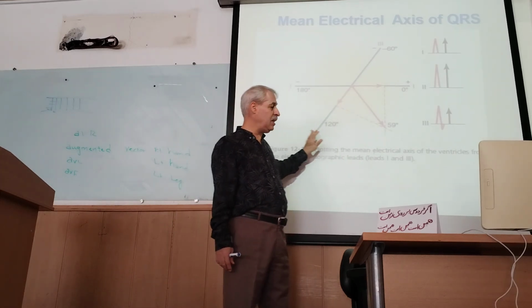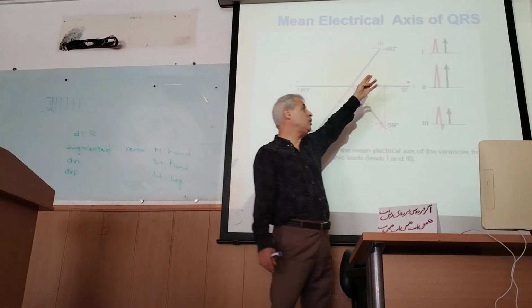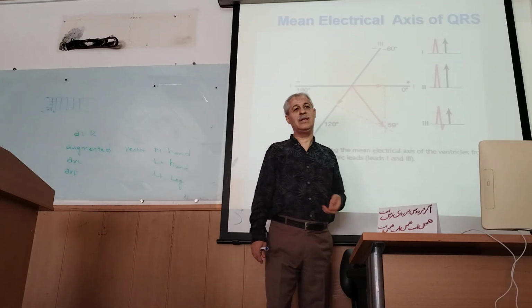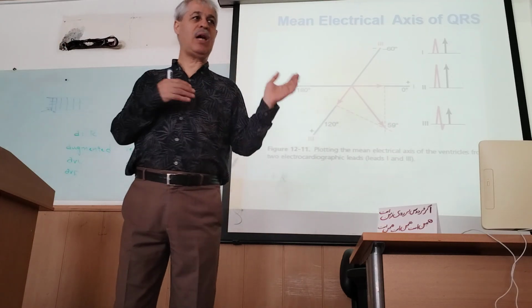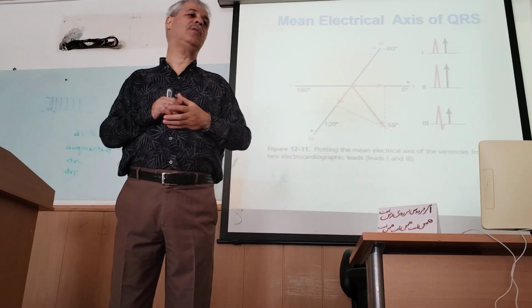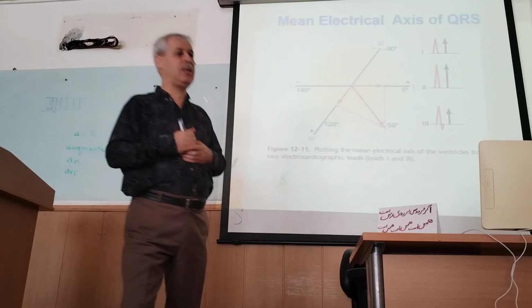Here in this example, it uses limb lead 1 and 3. You can use 1 and 2 or 2 and 3. That will also be possible. We will have these practices in the practical class. I will teach you how to measure it in the practical class.